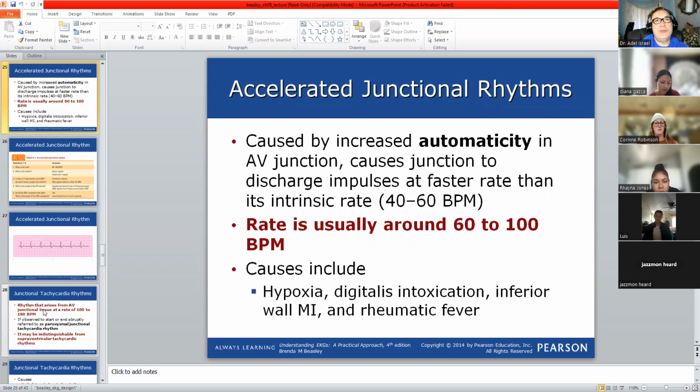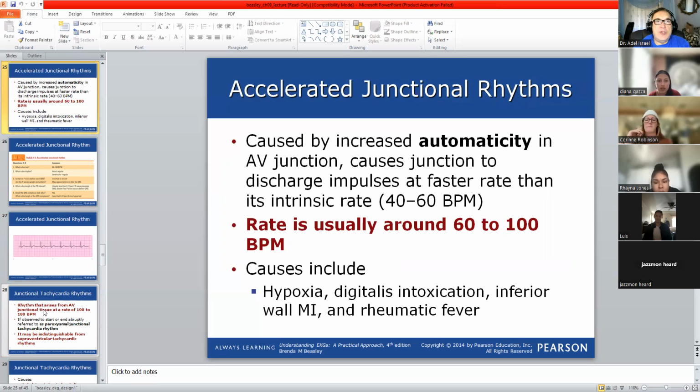Then, as I told you earlier in the previous slides, Diana counted that the number is 50, which is okay. It is within the range, 40 to 60. But if the number exceeds this 60, I will say it is accelerated. Clear?